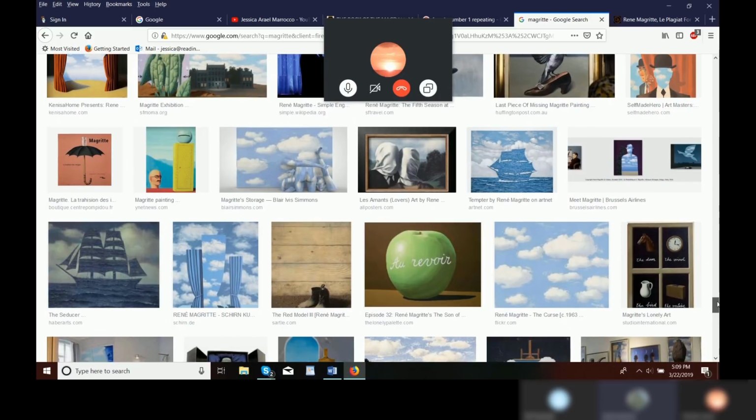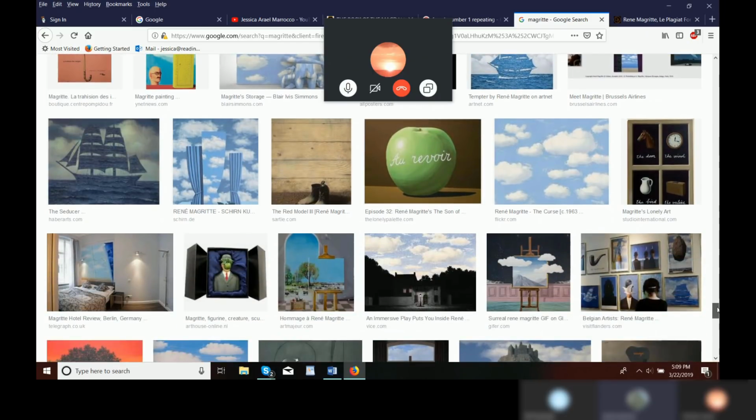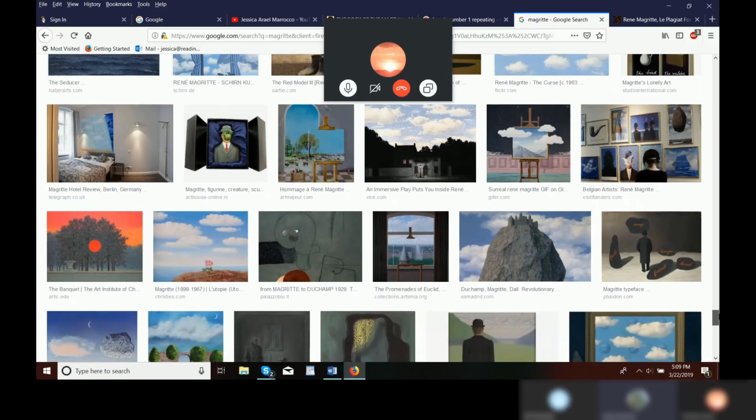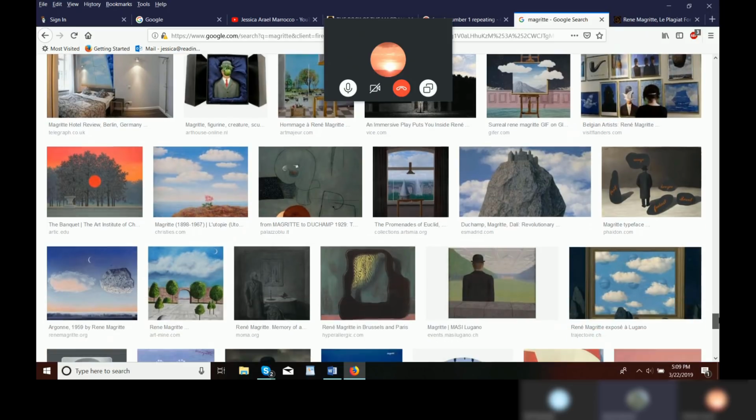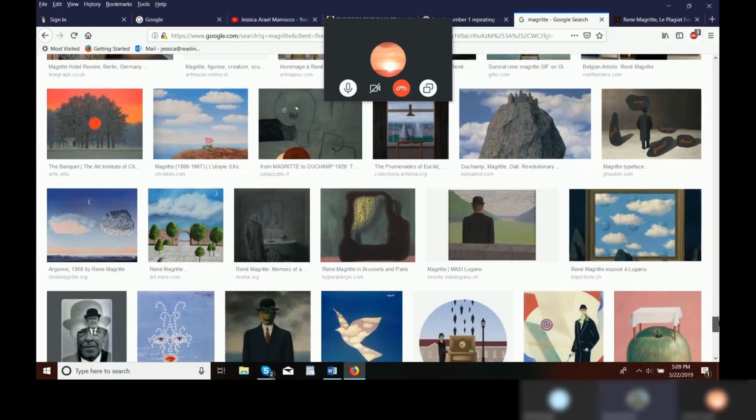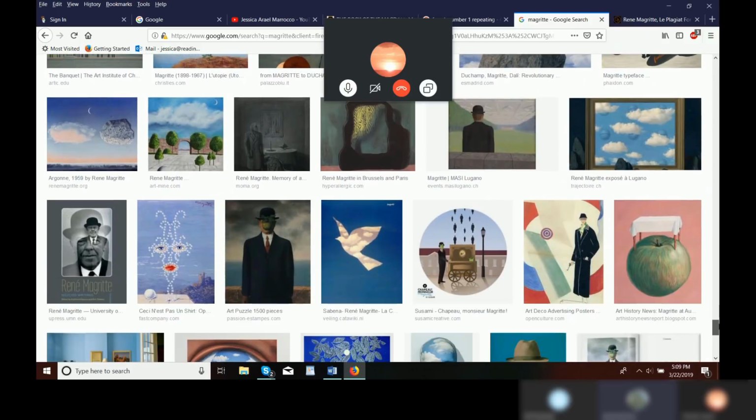And then I saw Magritte's paintings, and I'm like, oh my gosh. And even that picture of myself wearing a top that looks like the clouds, and so kind of blending in with some of the stuff that Magritte had already done.